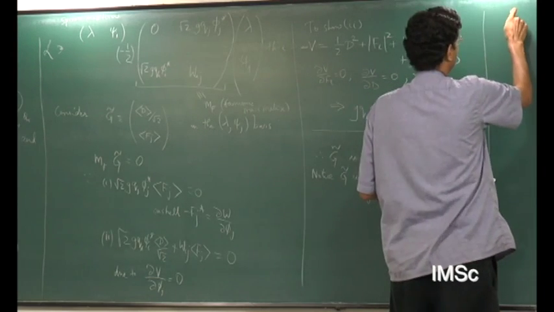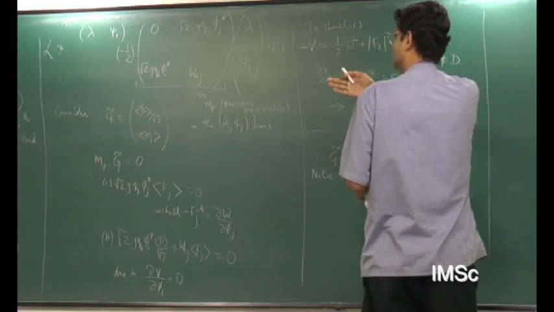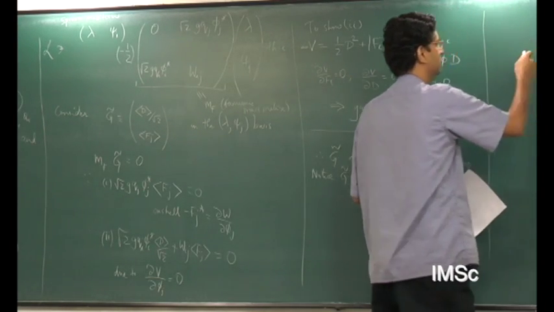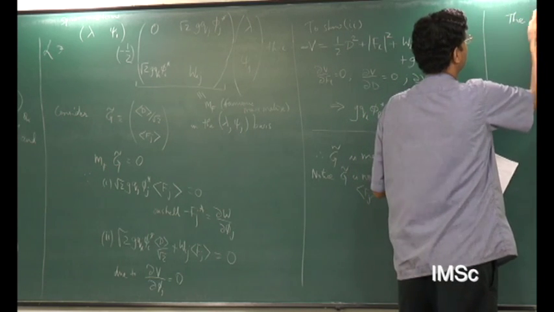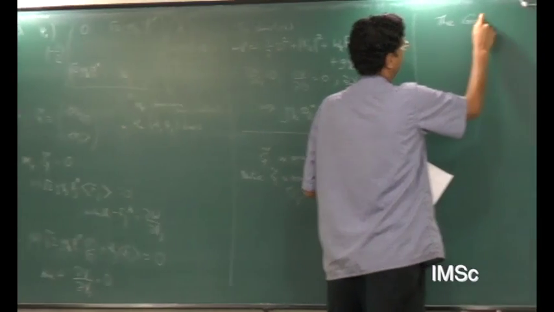So let's now look at the relationship between this Goldstino and what happens to it when I go to supergravity. So this is the gravitino.